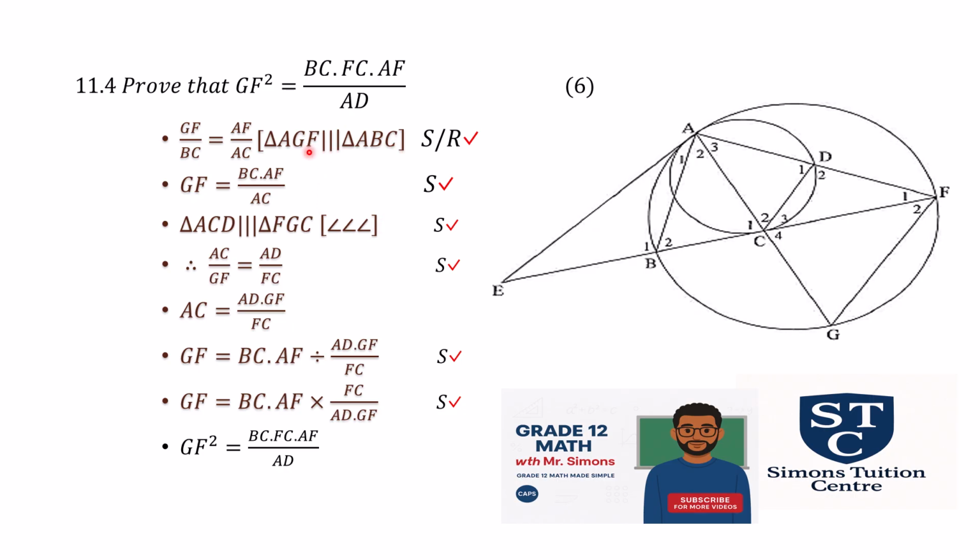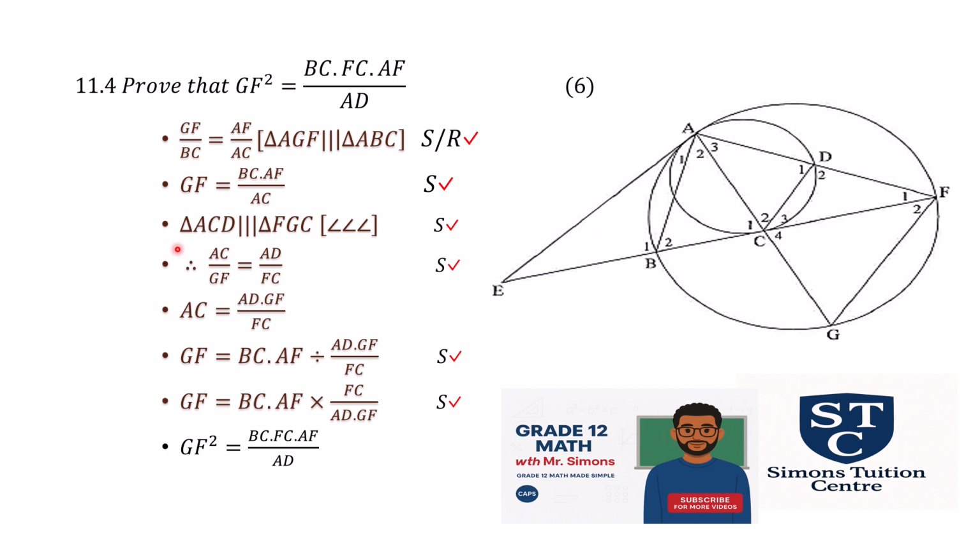So GF, the last two letters there, over the last two here, BC, must equal first and last over first and last, which should equal first two over first two. That's the proportion created. So GF over BC equals AF over AC. Now if I cross multiply and make GF the subject, you see they have GF squared. So GF would then equal AF times BC over AC.